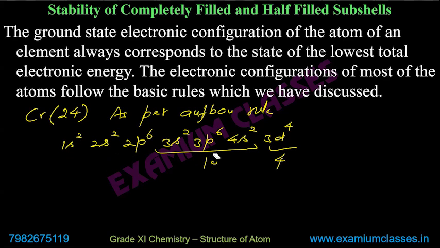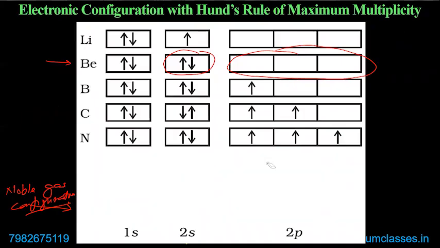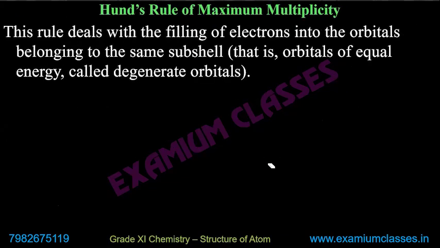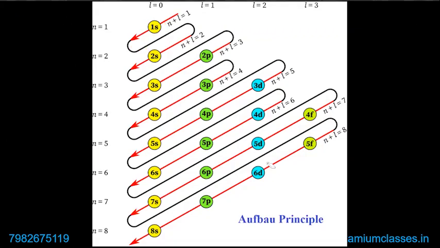I hope you have written the above diagram there, whatever diagram I had shown, so that you can compare. If not, then write it somewhere, or you need to have it in front of you if you have NCERT. This is the diagram I follow when I write the electronic configuration. Write it down quickly if you haven't done so.